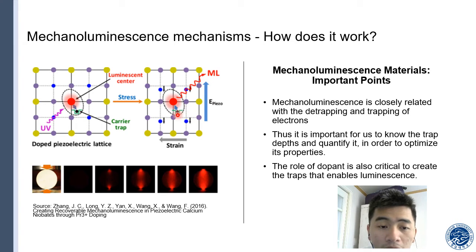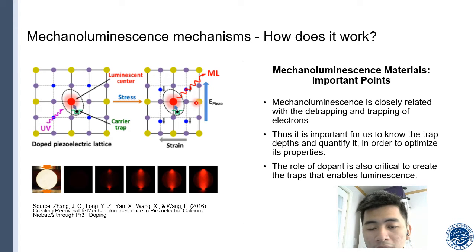On the left hand side, you can see here the red one is the doping or the luminescent center, and because it is a doping, it has vacancies. These vacancies, this little black dot, represent the electron that is trapped, and then will be detrapped and trapped through the stimuli of this piezo stimuli, or we can call it mechanical stimuli.